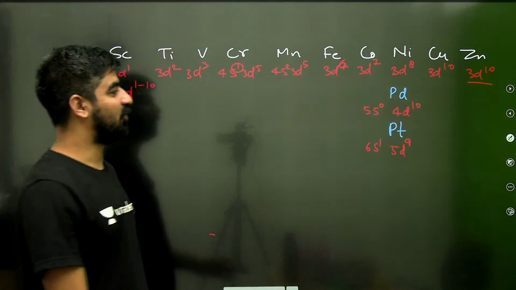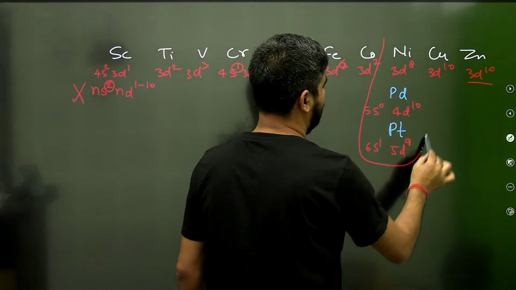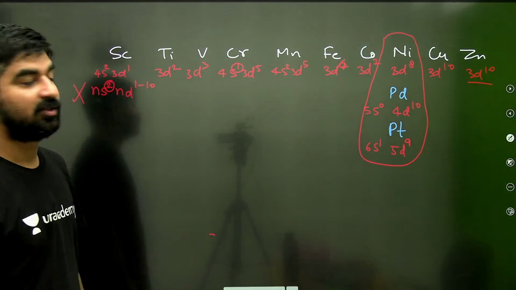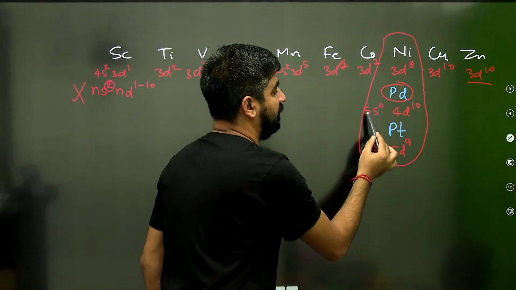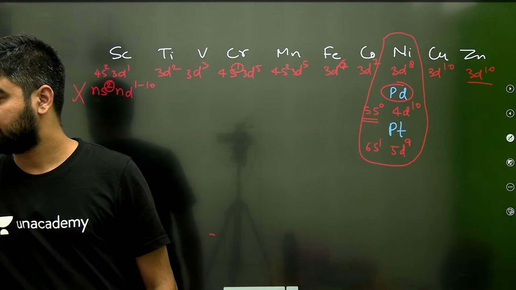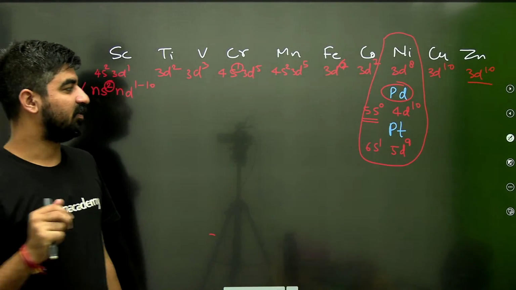So what I want to tell you here, guys, is that you have to remember it for nickel, Pd and Pt. This is also a d block element, but in s it is having 0 electrons.